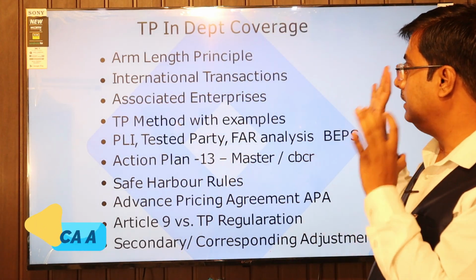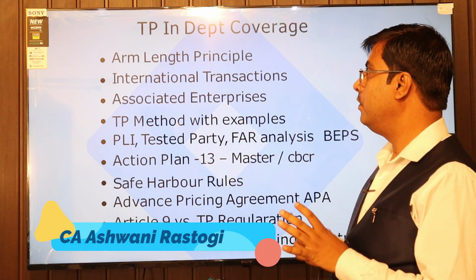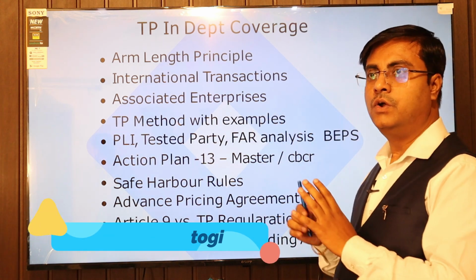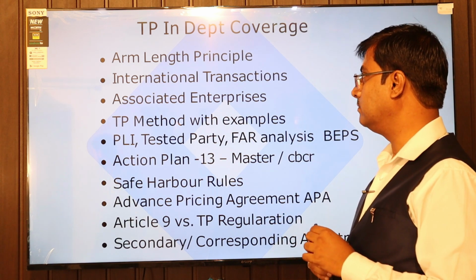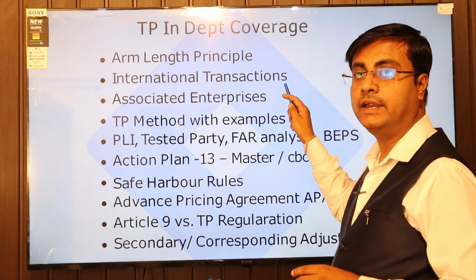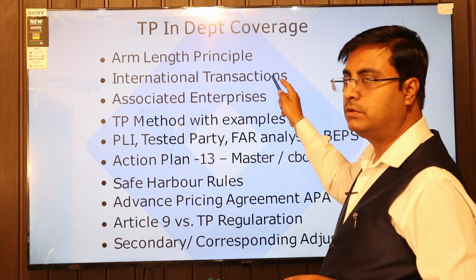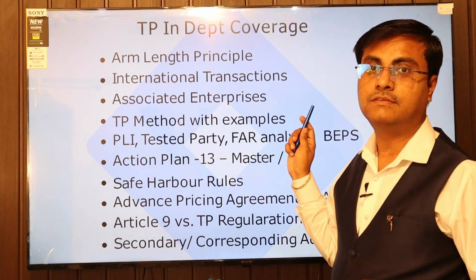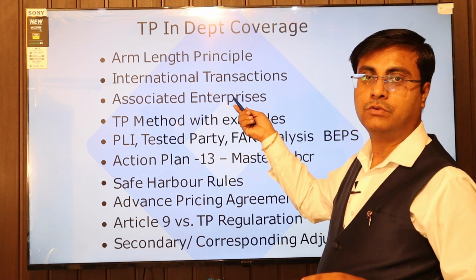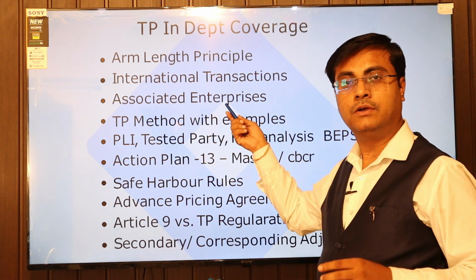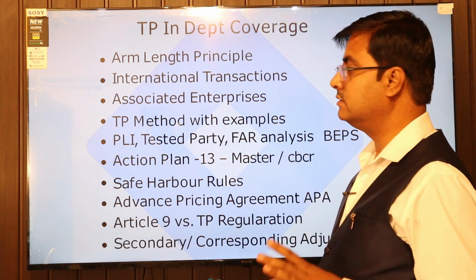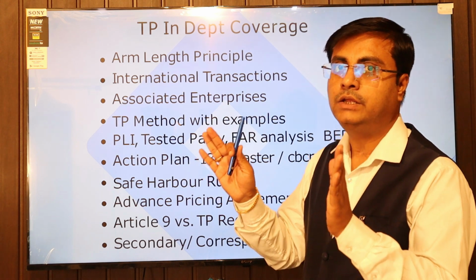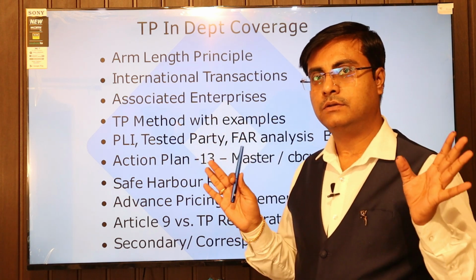In TP we will see what the arm's length principle is, what an international transaction is, and what associated enterprises are. All three are interlinked. If it is not an international transaction, then the TP question does not arise. If you are not dealing with your associated enterprises but with an independent party, the TP question does not arise. Your transaction with the related party should be at arm's length.